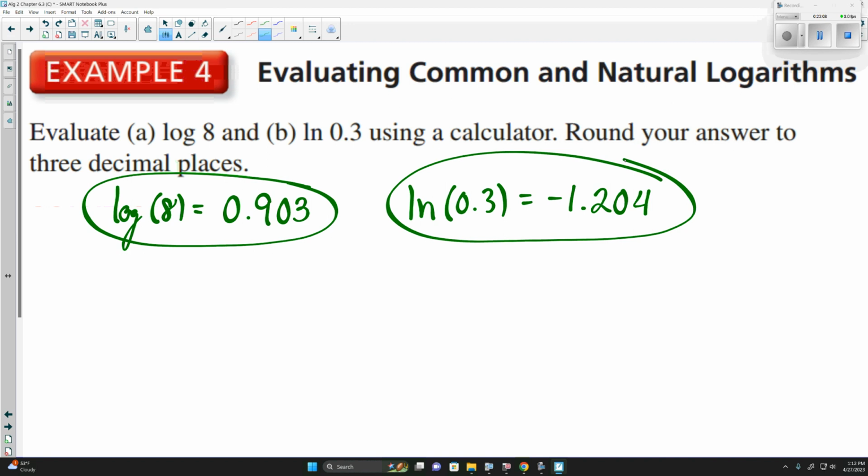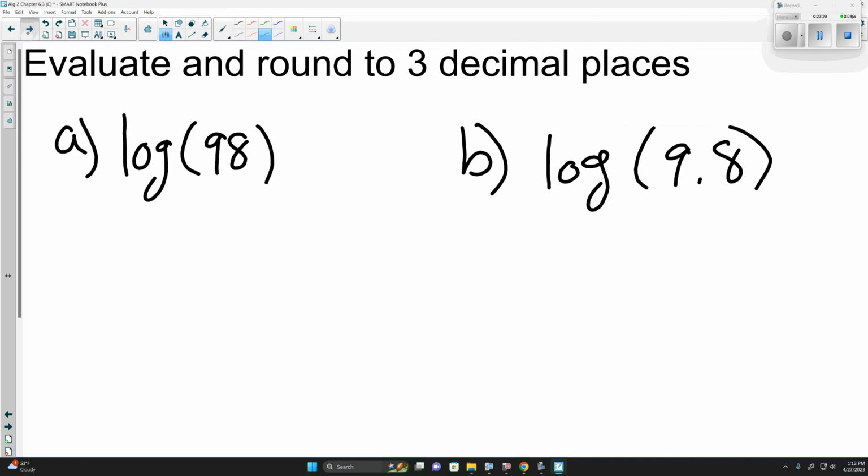We feel comfortable with these, typing them in, especially if it's just ln or log base 10, just log. These are nice because we don't have a base to put with it. Any questions over these here? And I think we feel comfortable with these, yes?